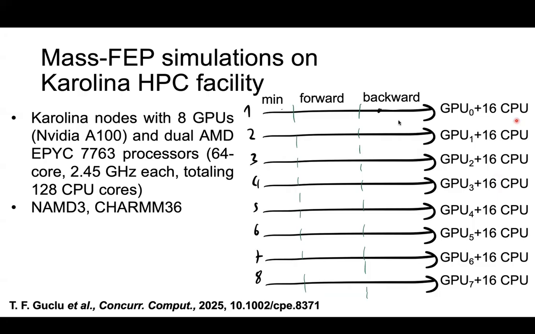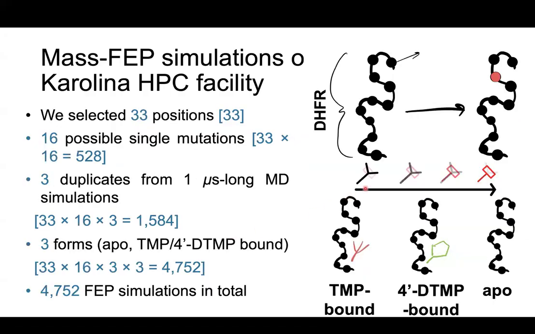I see one question: how did you mutate amino acids in MD? We can't generate or break bonds in MD. Did you mutate the amino acids in FEP? Yes, we mutate amino acids in FEP. You can't generate or break bonds in MD simulations, however, you can in FEP simulations.